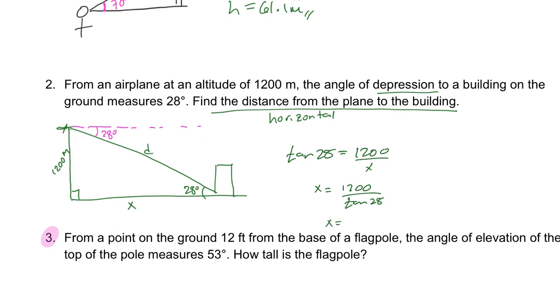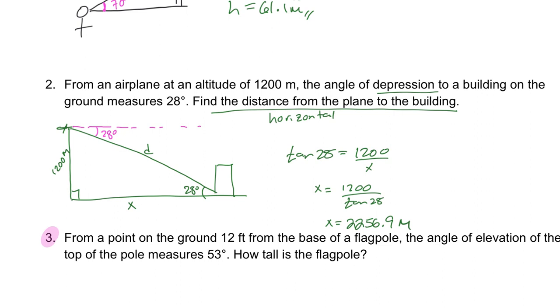So I'm going to go to my calculator. 1200 divided by tangent of 28, and that's going to be 2256.9 meters.